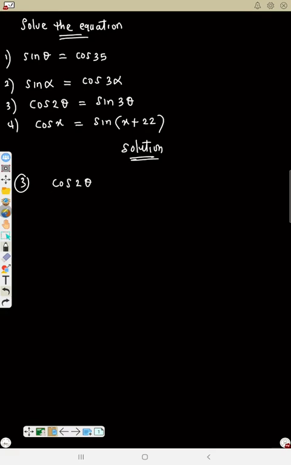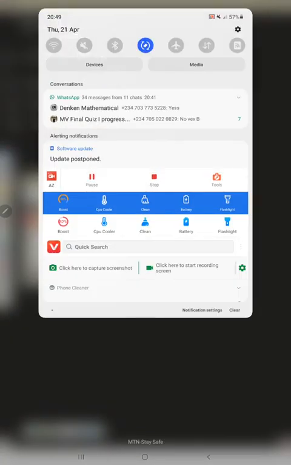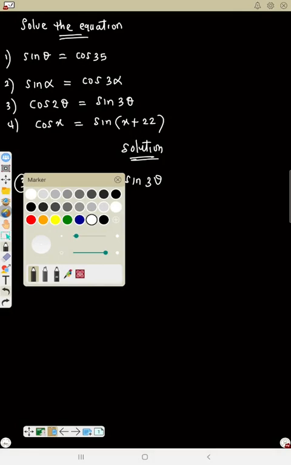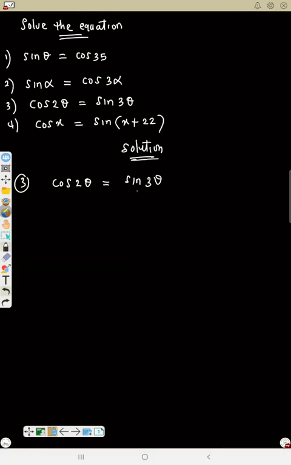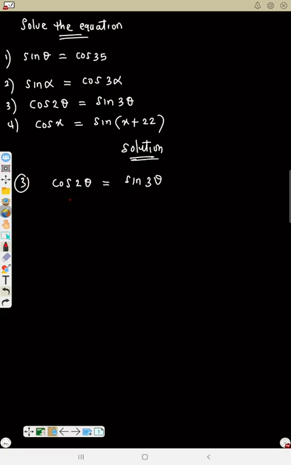Cos 2 theta equals sine 3 theta. If you look at our identity, which identity are you going to use? You can say cos theta equals sine 90 minus theta. You can use this one, from the first video.